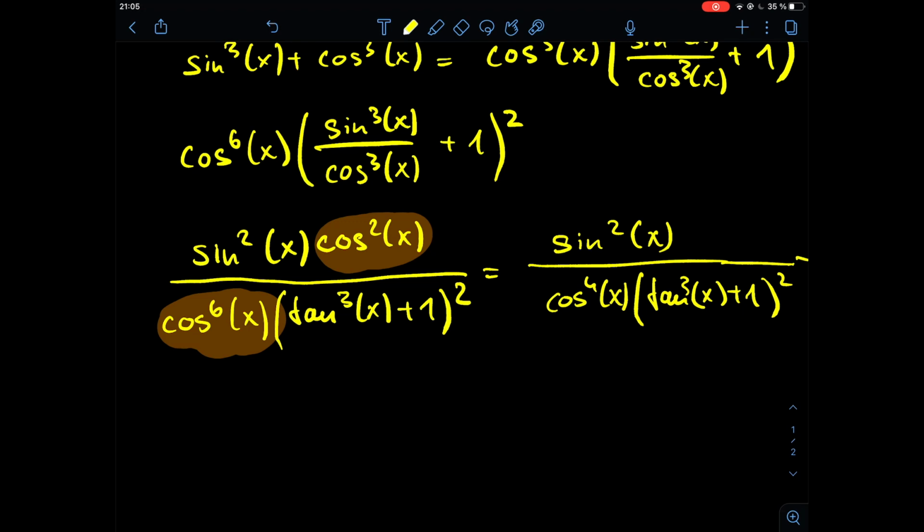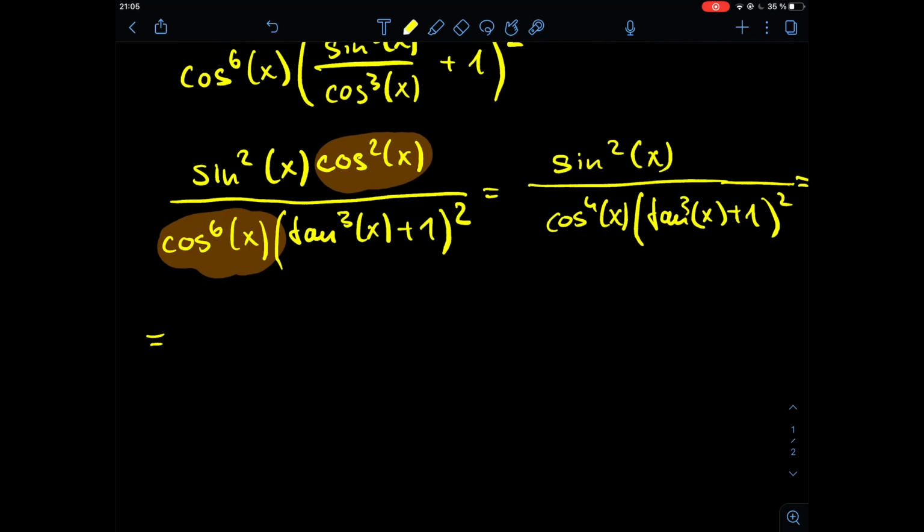Alright, now we bring one cosine squared, since this is cosine squared of x times cosine squared of x, up to the sine and make a tangent squared out of that.